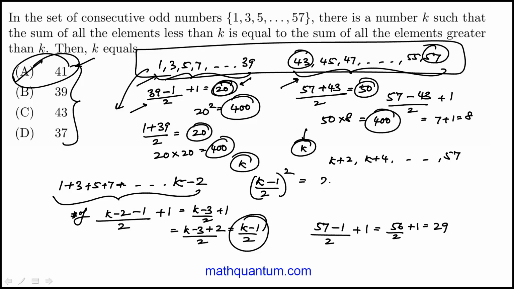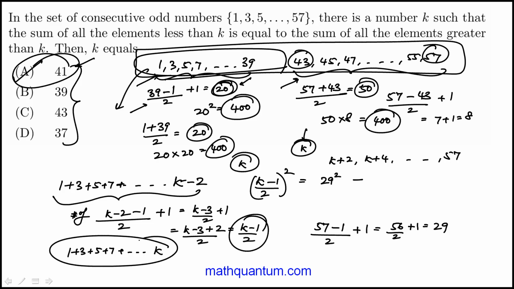So the sum of all these numbers is 29 squared. And I subtract the sum to k of these consecutive odd numbers, 1 plus 3 plus 5, and I have to do it to k because to get to the sum of the remaining numbers, k plus 2 onwards, I have to subtract that from the total sum. So here, again, I need to figure out how many terms I have, and that would be last minus first over 2 plus 1, so k minus 1, so this would be k plus 1 over 2. So I get k plus 1 over 2 squared.